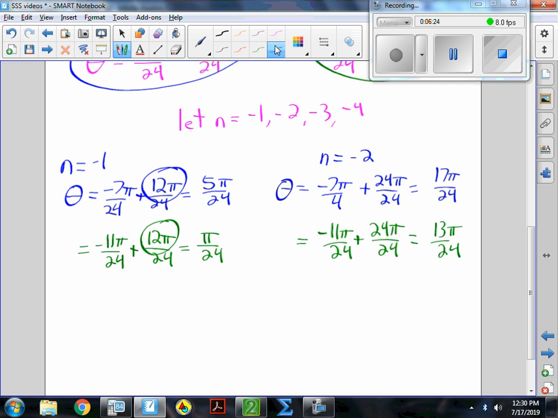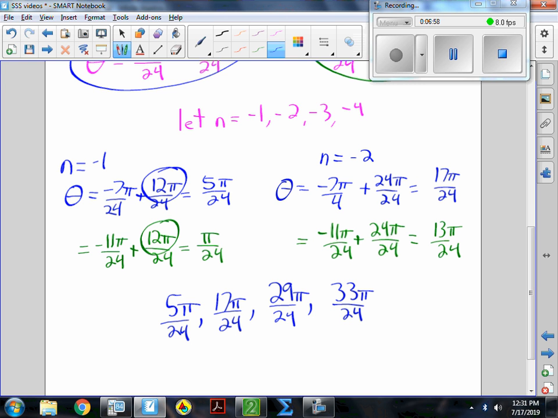So the blues are going to be 5 pi over 24 plus 12 pi over 24. So 17 pi over 24 plus 12 pi over 24, 29 pi over 24. So that's a little bit over pi. And then plus 12 one more time, 33 pi over 24. If I go one more, I'd be at 45 pi over 24.